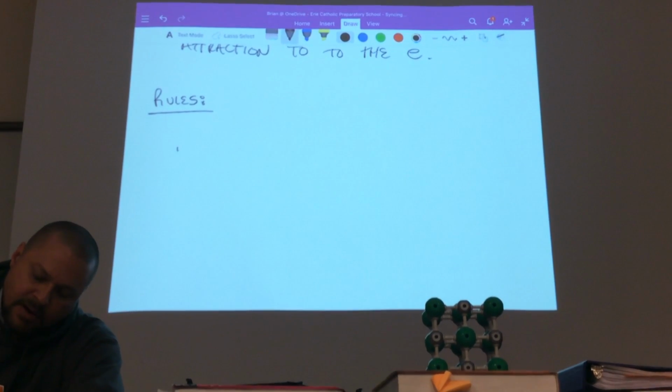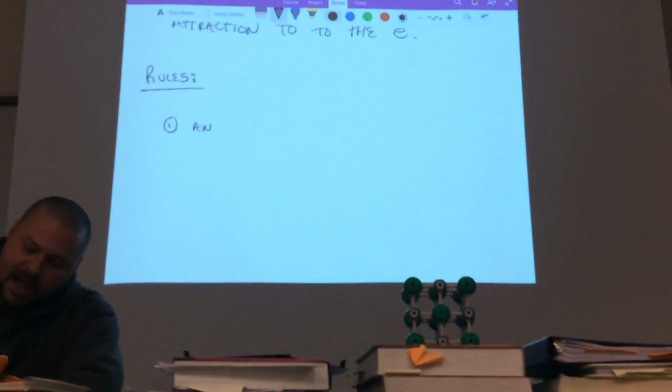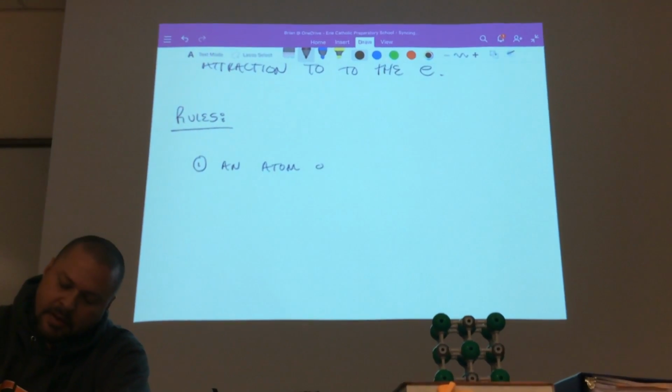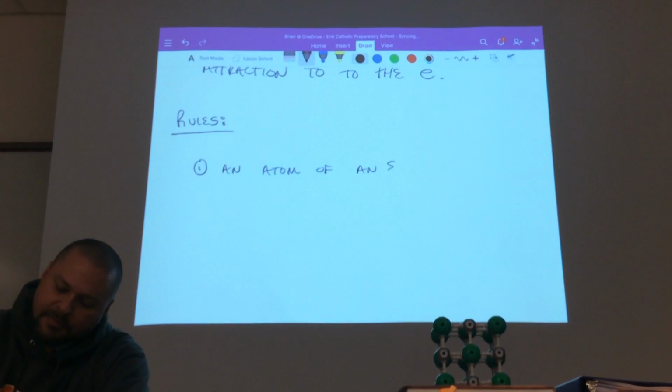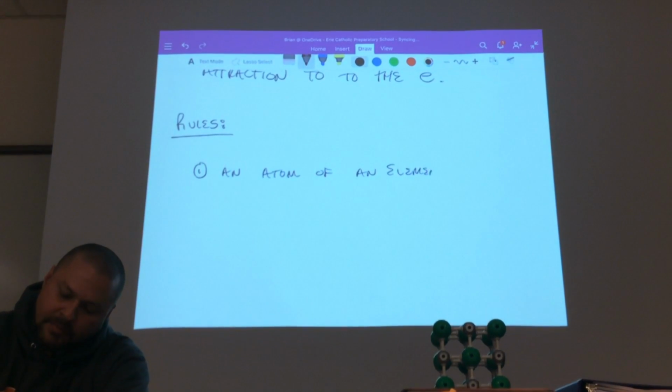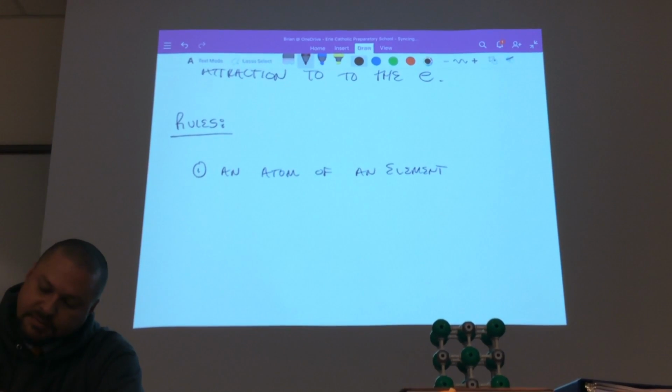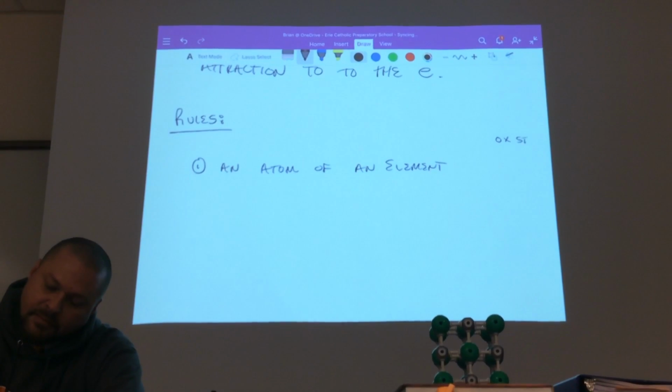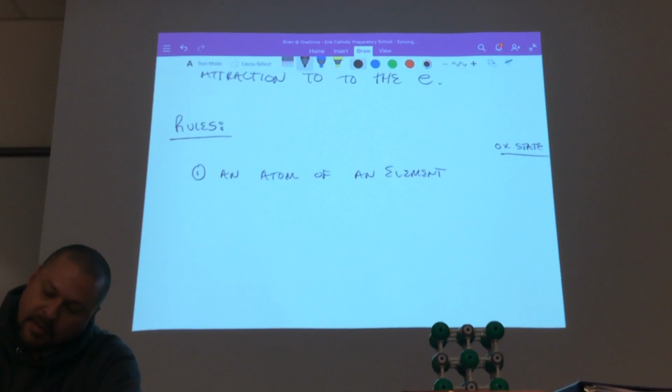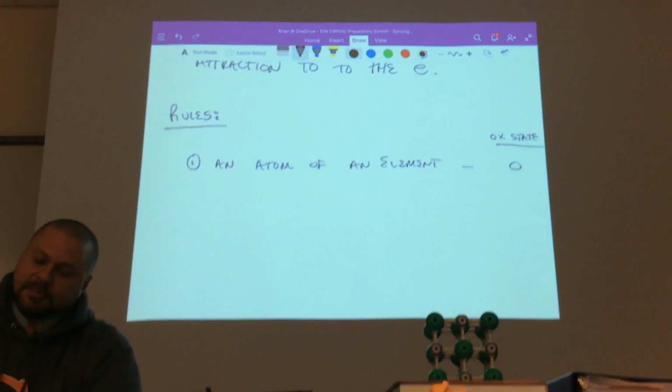Okay, all right, so here are the rules. Rule 1. An atom of an element, its oxidation state is 0.